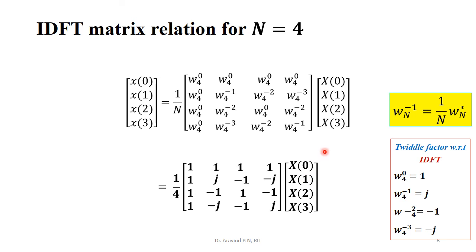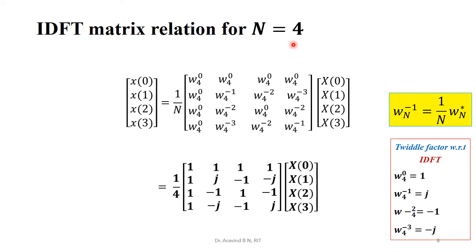Again remember, this IDFT matrix is also applicable only for N equal to 4. If you want to calculate for N equal to 3, this matrix is not applicable. You need to recalculate the matrix and then put it over here. This is the most important thing, and usual mistakes are made at this point.